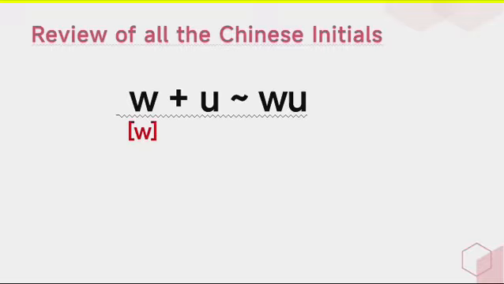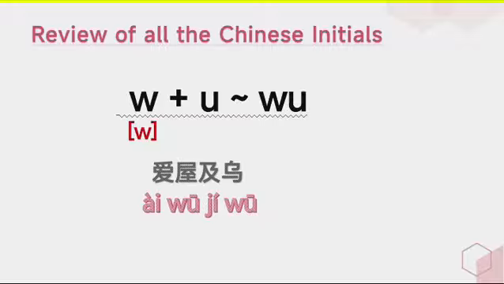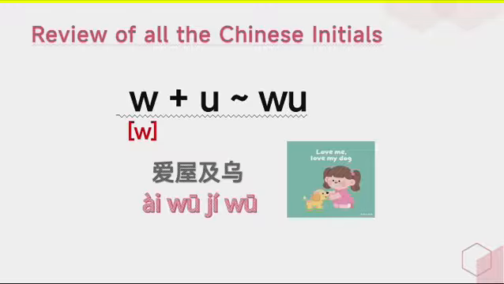In Chinese, when the vowel U works as a stand-alone syllable, it requires the semi-vowel U at the beginning, written as U. Take U in the idiom 爱屋及乌 for example, which means love me, love my dog. The vowel U relies on the semi-vowel to make a complete syllable. 爱屋及乌, love me, love my dog.